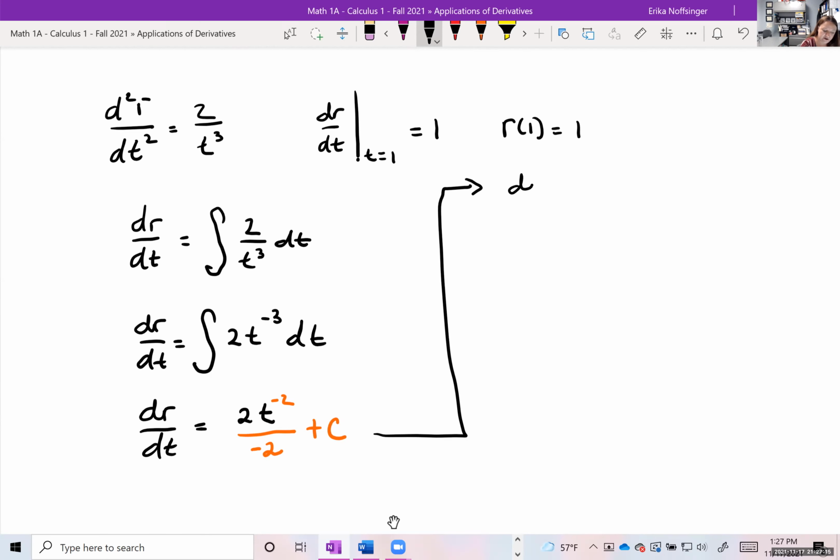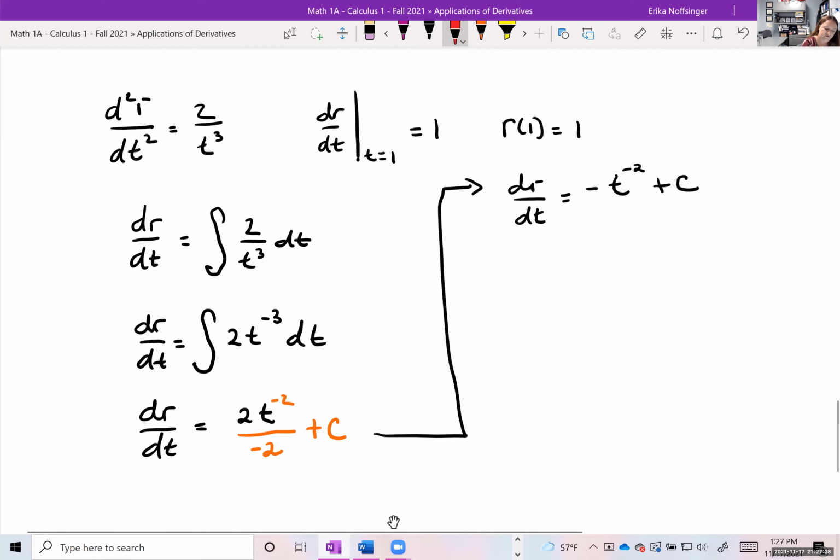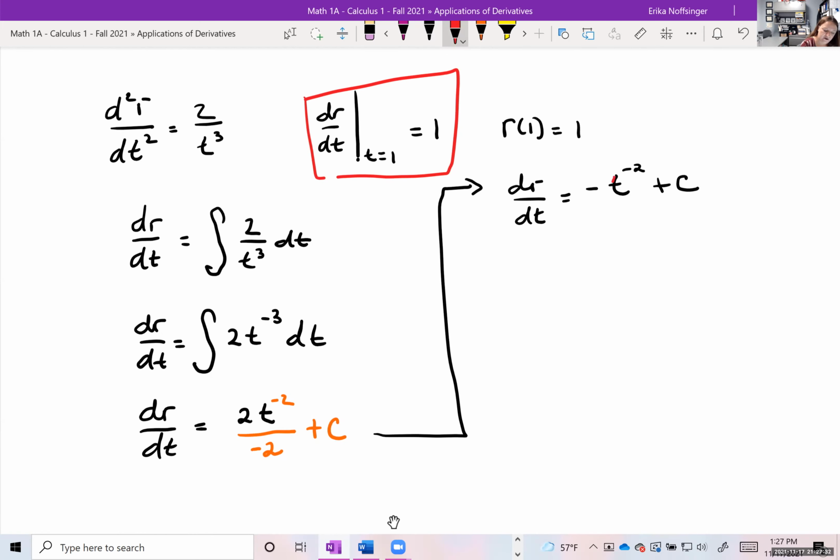So we have dr dt is equal to negative t to the negative 2 power plus c.